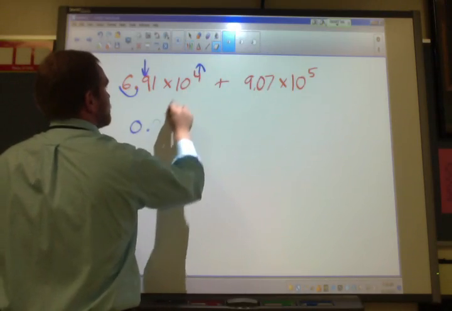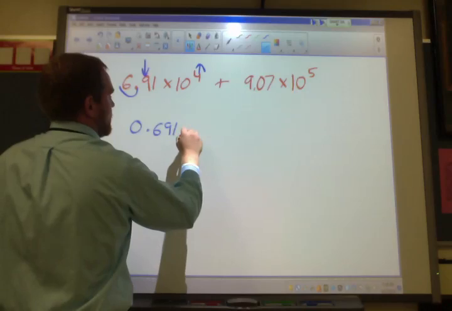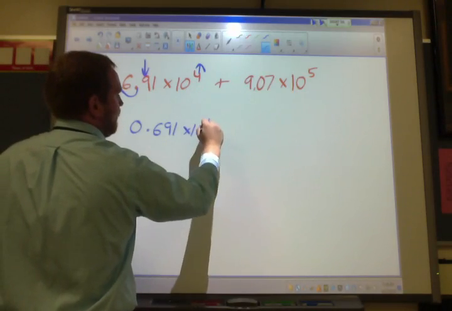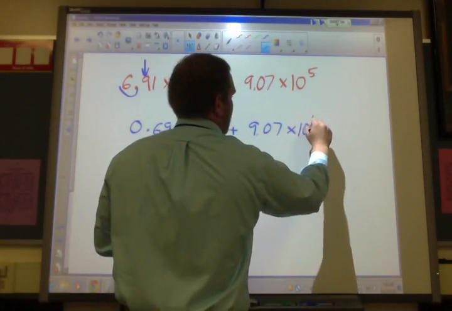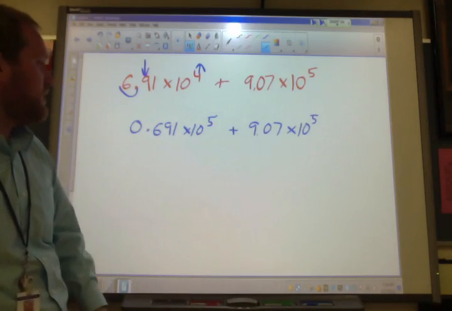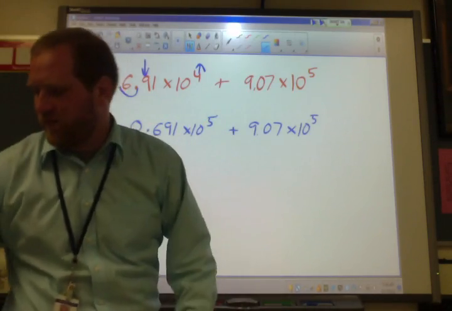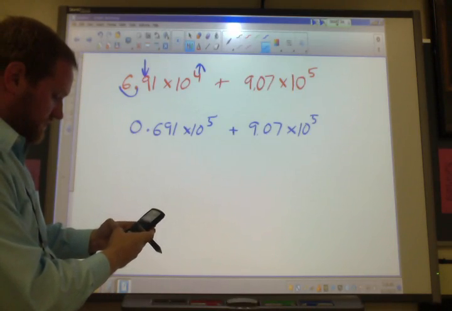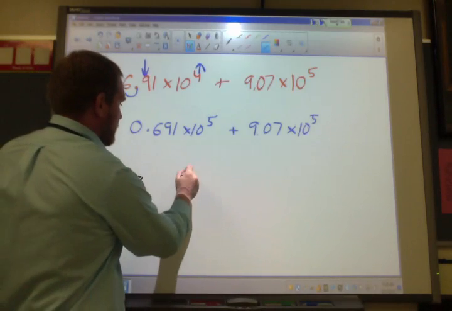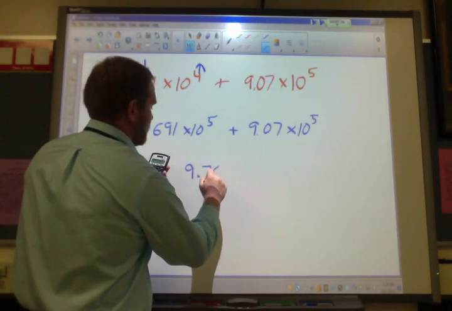0.691 times 10 to the 5th now, plus 9.07 times 10 to the 5th. And now you can see the exponents are the same. Add the front numbers. We get 9.761.